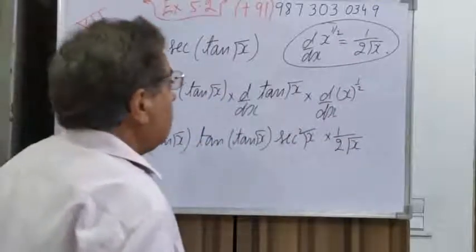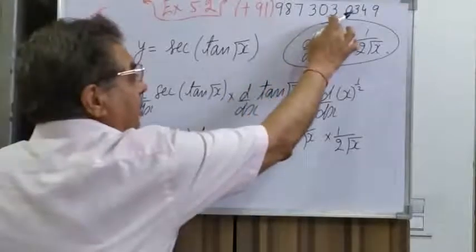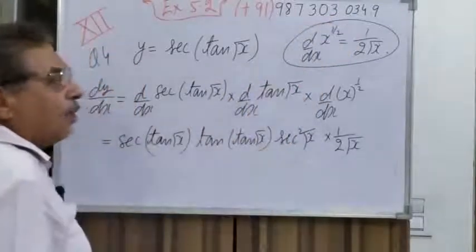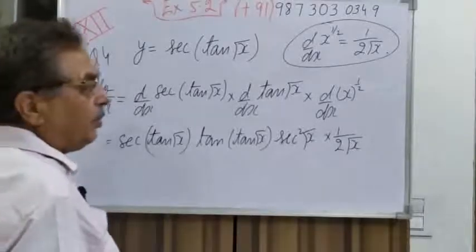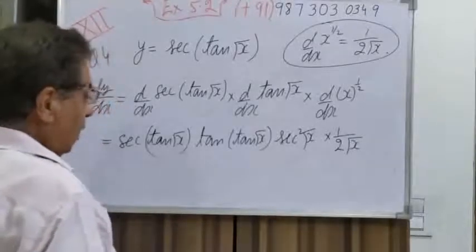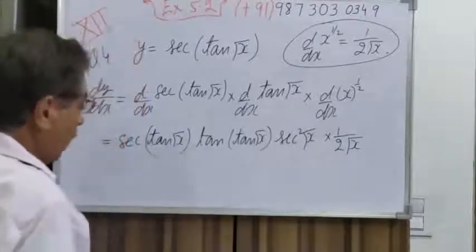Just keep it in mind, it will become quite simple during differentiation. Many times you will come across x to power 1 by 2, a root of x, so we can straightaway write 1 by 2 root x. So now this is the answer for question number 4.